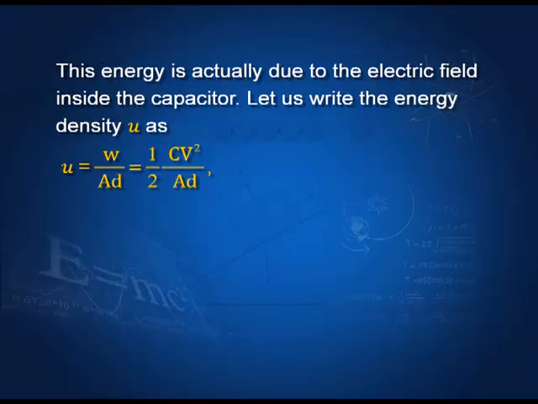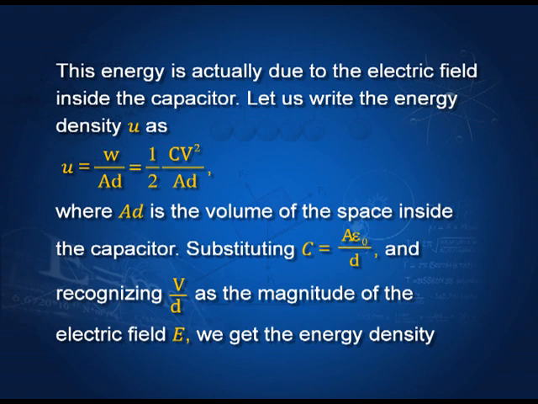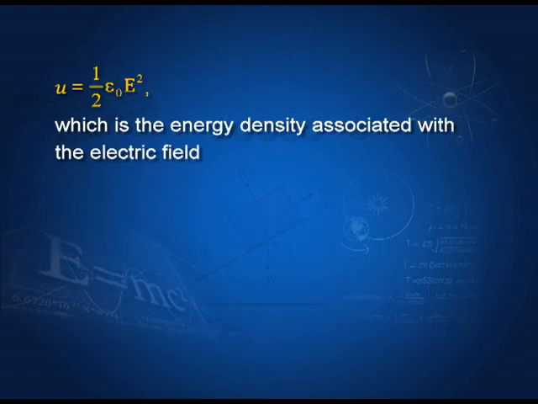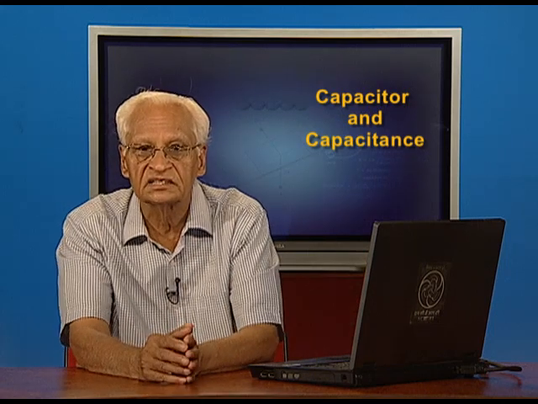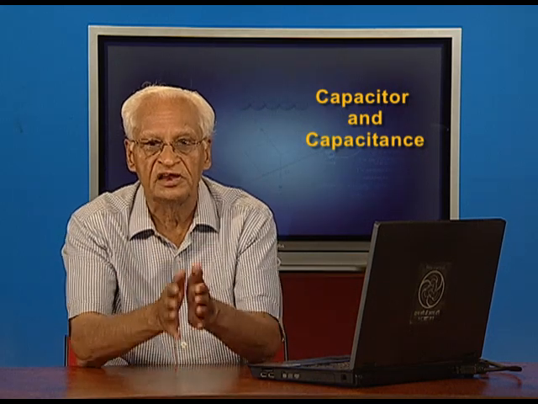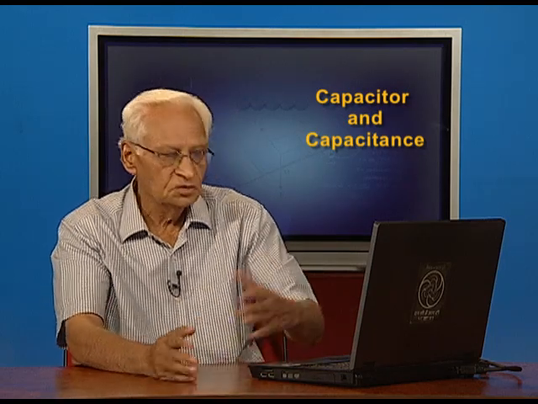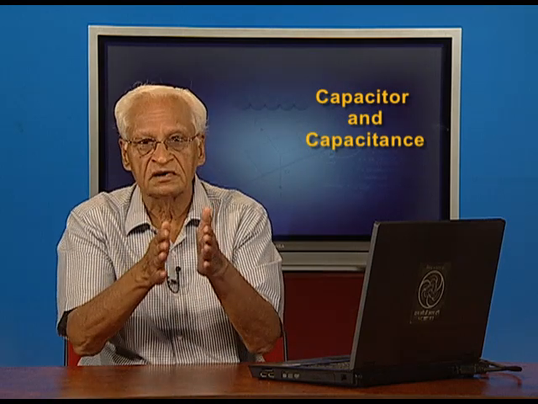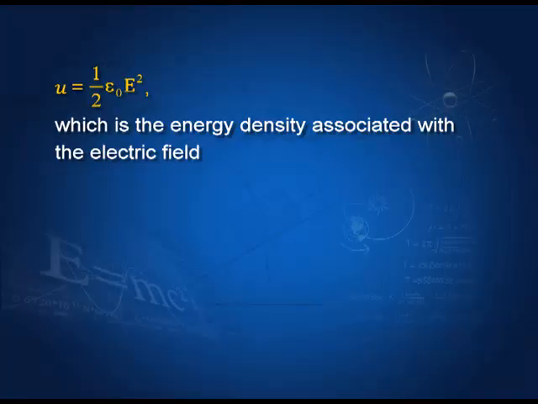Now, if I substitute C equal to A epsilon 0 by d, we have derived this formula, and recognize that V by d is nothing but E, then you can write U as half epsilon 0 E squared. And if you will see later also, this is the energy density due to the electric field in the medium of permittivity epsilon 0. So, the capacitor energy is provided by the electric field inside it.